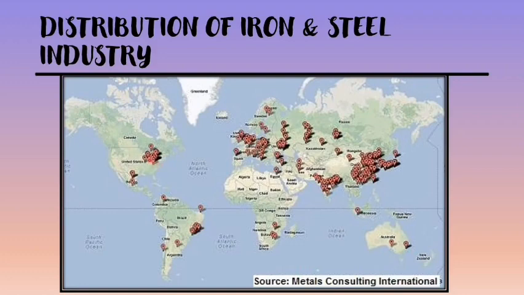Here you can see clusters of the iron and steel industry in the northeastern part of the USA, and the producing centers include Alabama, Pittsburgh, Youngstown, Chicago, and Gary.